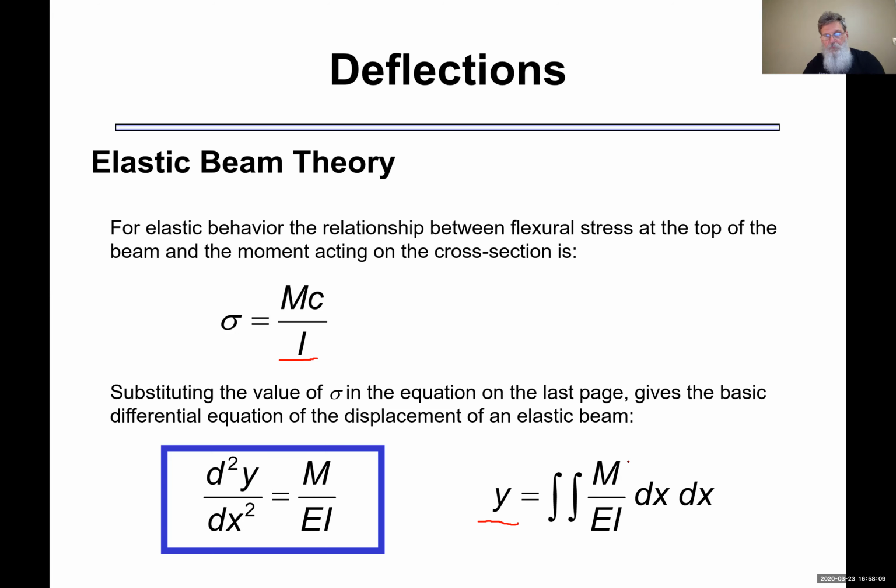We can go back to our ability to write moment as a function of x, integrate it twice, handle the integration constants, and get an expression for the displaced shape. Pretty powerful. All this previous discussion brings you to this. This is the big blue box. That's what we want. That's the only relationship that you need to remember moving forward.